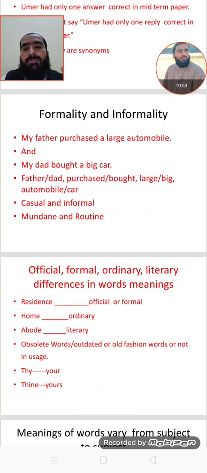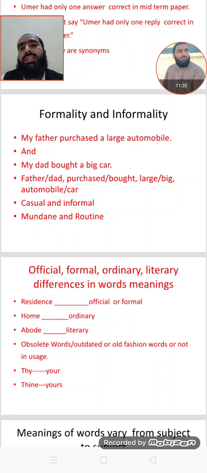Father is very formal, purchased is again a very formal word, large is also a very formal word, and automobile is considered a very formal word. But dad, bought, big, car are considered informal. They are words of casual use, words of daily routine.